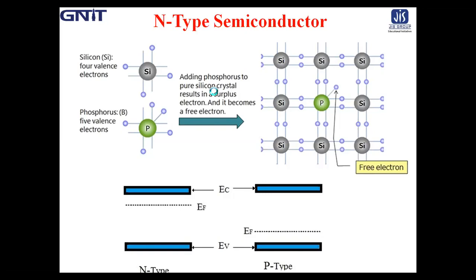Now, phosphorus has 5 valence electrons.